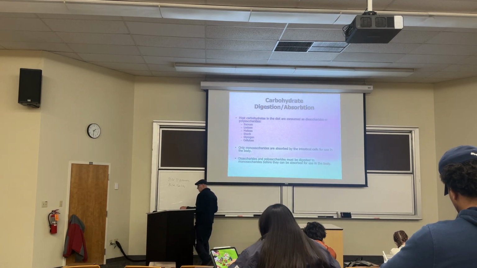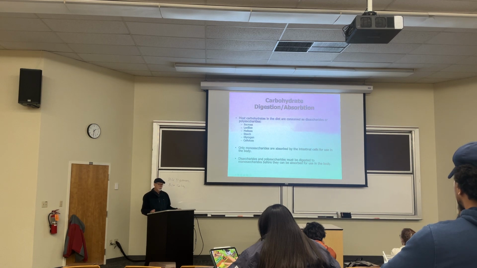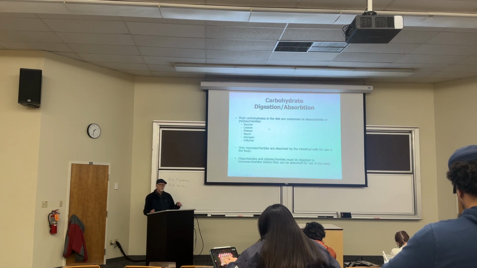It's interesting that the enzyme names match the disaccharide name. So disaccharides like sucrose, they end in OSE, and you digest sucrose into its monosaccharides using sucrase, the enzyme, the disaccharidase.